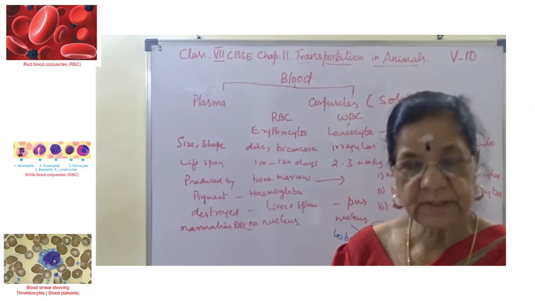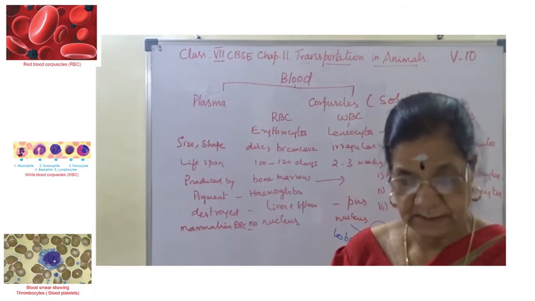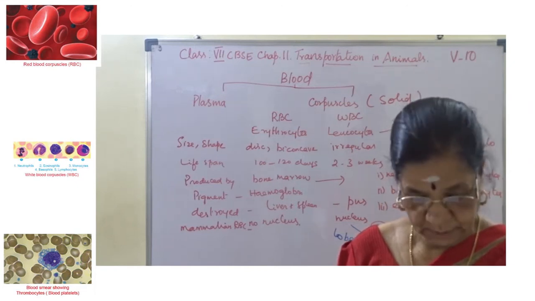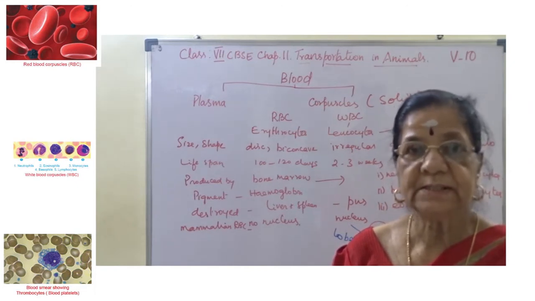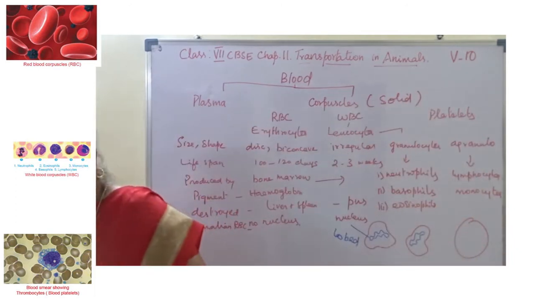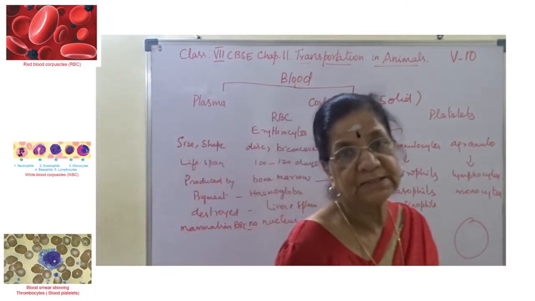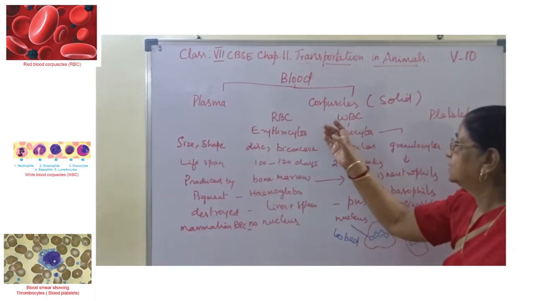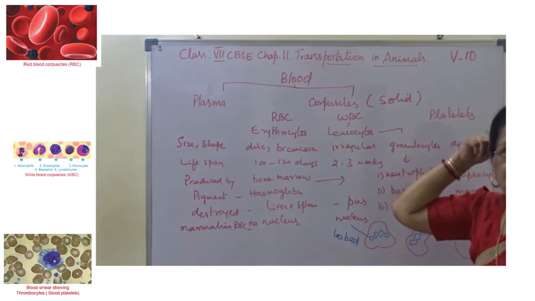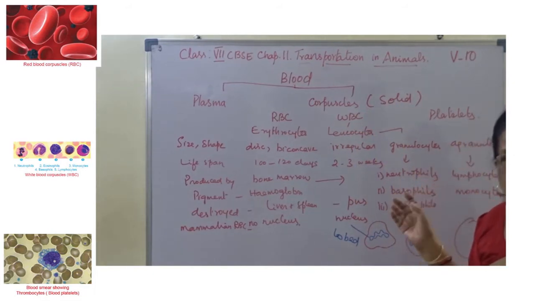Iron, phosphate, hydrogen and bicarbonate ions are for buffer. Then we have learnt about nutrients, waste products, gases, hormones and enzymes. These are for blood plasma. And then RBC, WBC and blood platelets. I hope you are following.